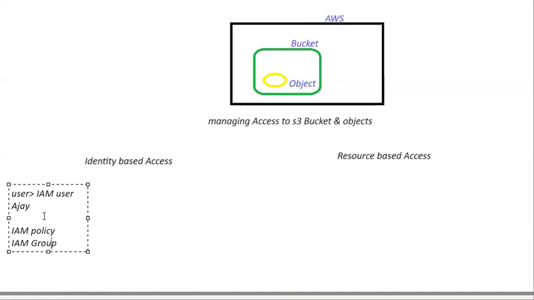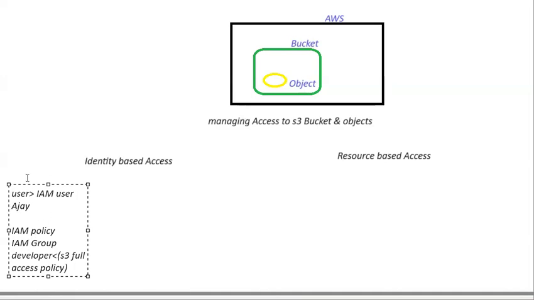The group name is developers group. For this developers group, I have attached a policy. What is that policy? I have attached an S3 policy, the S3 full access policy.